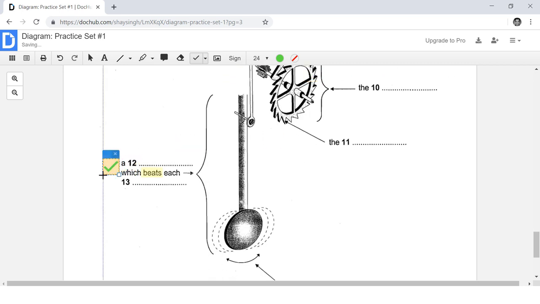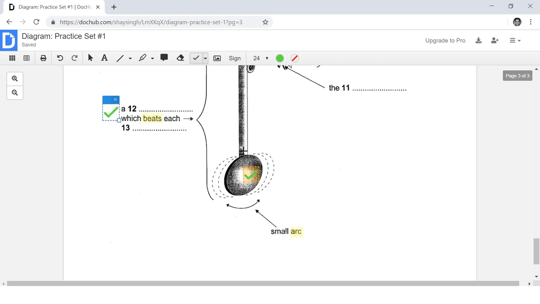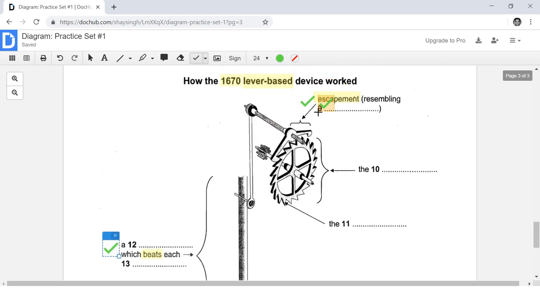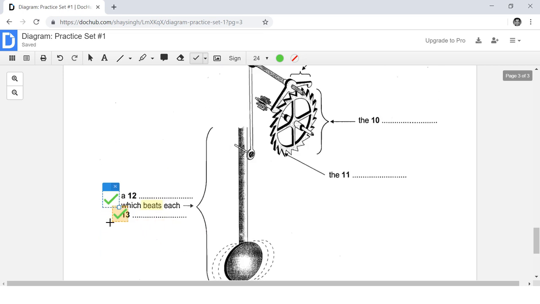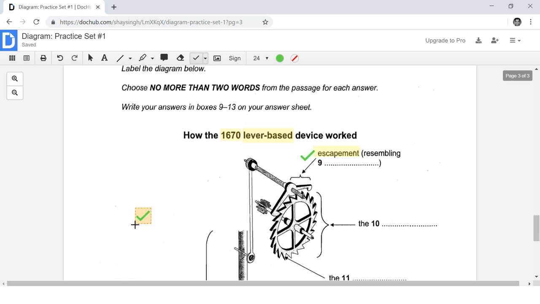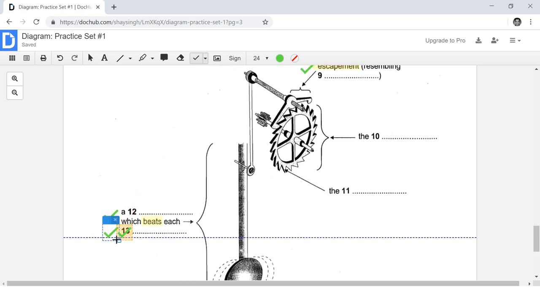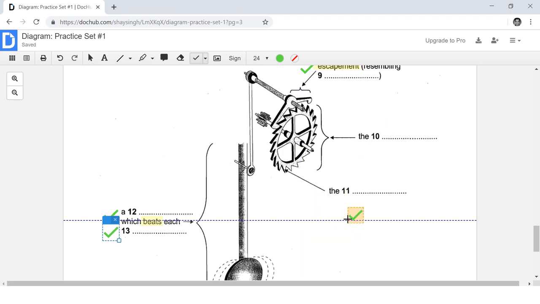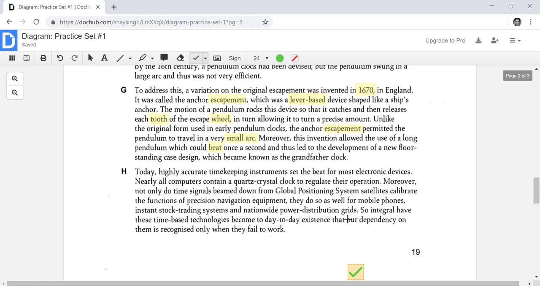And the same thing is true for number 12. Okay, so I'm going to answer number 9. Then I'm going to answer number 12, and then also number 13 as well. Number 12 and 13, they go together. So number 9, then number 12, then number 13, and finally, I'm going to answer number 10 and 11. So that's how I'm going to go about this.